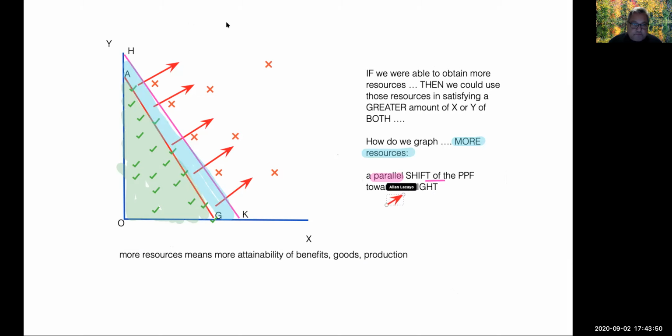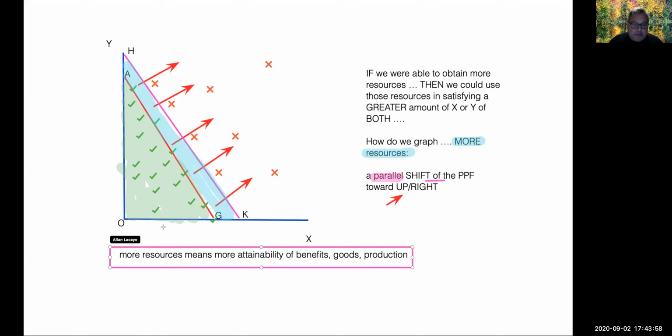Okay. So more resources, more benefits, and no alteration of the terms of trade.